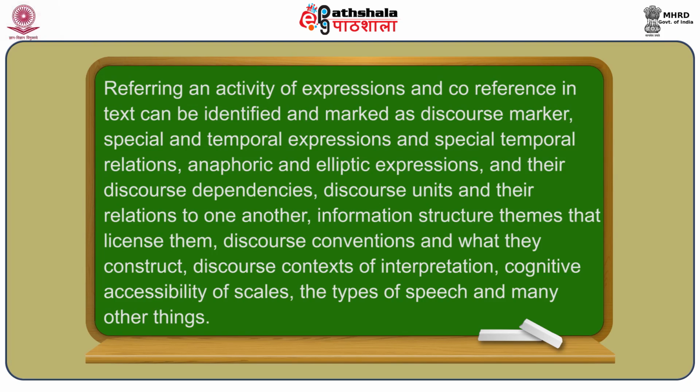Spatial and temporal expressions and spatial-temporal relations, anaphoric and elliptic expressions and their discourse dependencies, discourse units and their relations to one another, information structure, themes and what licenses them, discourse conventions and what they construct, discourse contexts of interpretation, cognitive accessibility scales like animacy and non-animacy, and the types of speech like direct, indirect, free indirect, and many other things.